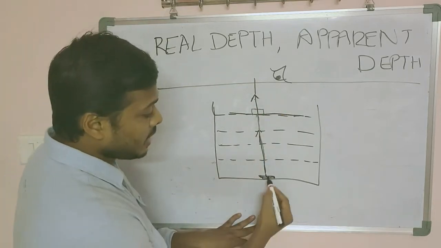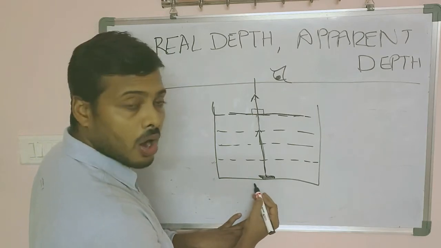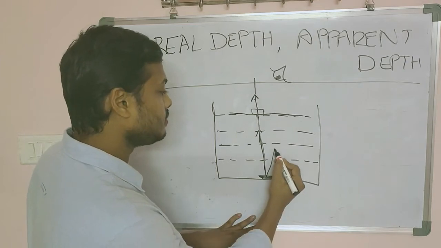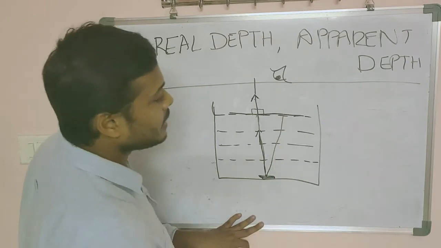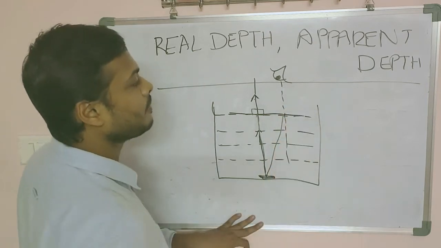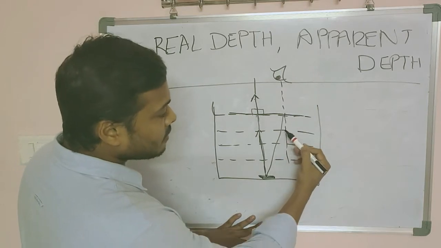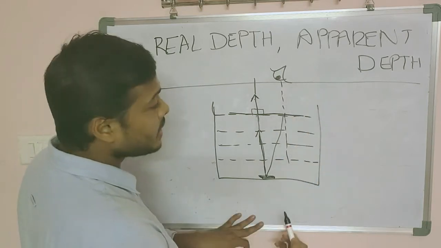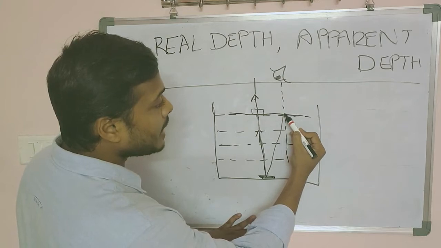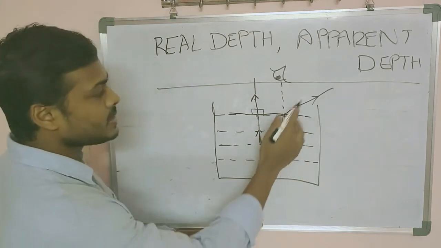And let me take another light ray which is coming from this object, and let me draw a normal here at the surface. This is the normal. Now, because the light ray is traveling from a denser medium to a rarer medium, the light ray bends away from the normal.